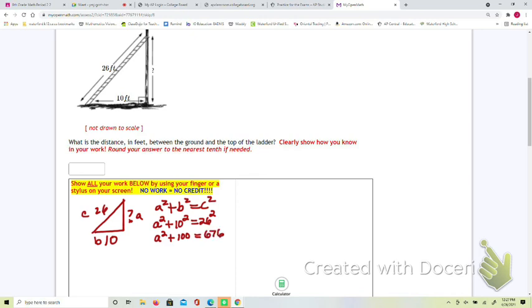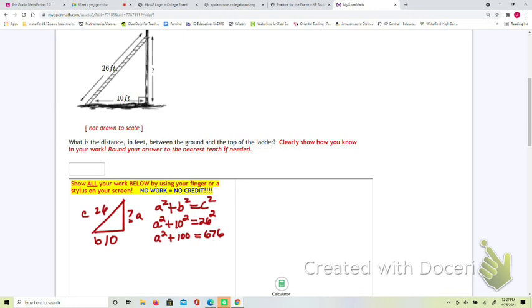676. Now, this one is different than the last one because on the last one, we were looking for the c. But on this one, we're looking for the a. So if you look at your a, do you notice that your a is being squared and then added by 100? Yep. We have to undo the addition.